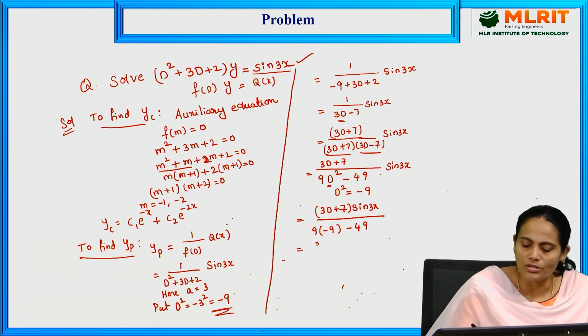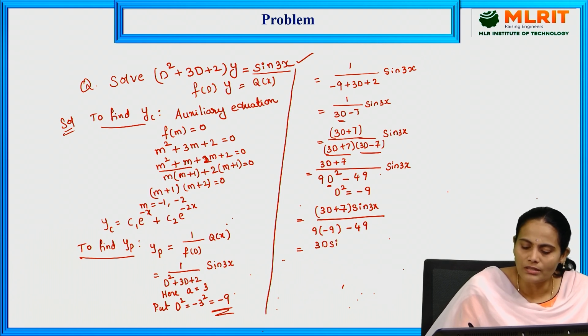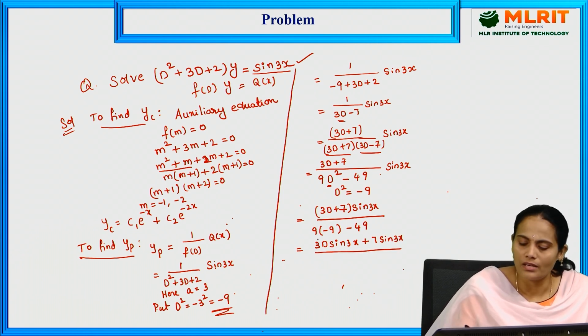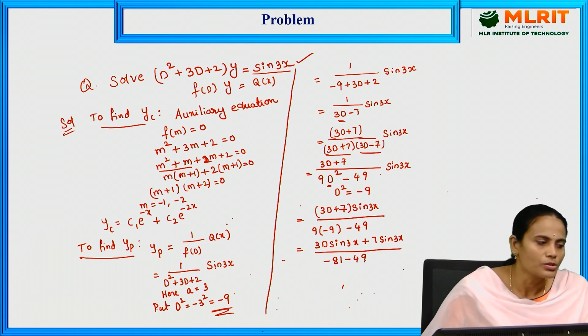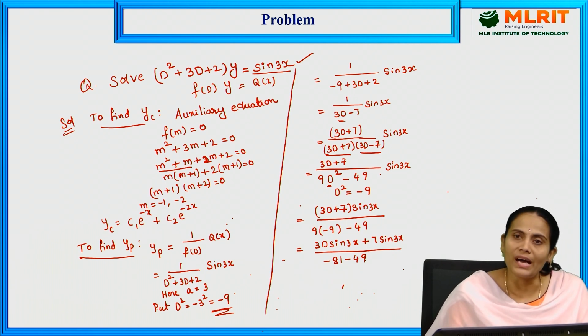In the numerator you multiply each term: 3D sine 3x plus 7 sine 3x, whole divided by, 9 nines are 81, minus 81 and minus 49, which is minus 130.